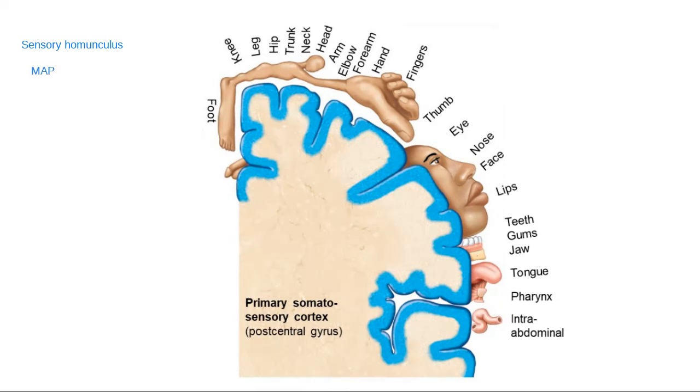So if you were trying to figure out, when I touch my pencil with my fingers, exactly which part of my post-central gyrus that information is sent to, the homunculus would tell me that. So over here, this portion of the post-central gyrus, the bump behind the central sulcus, that's where information from you touching your pencil is sent to.